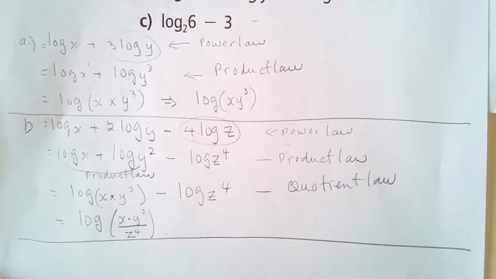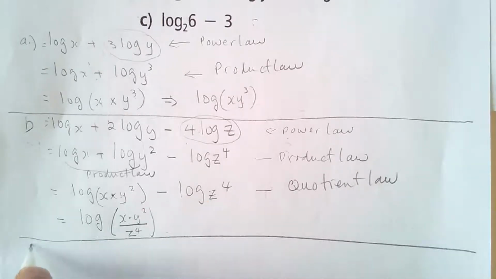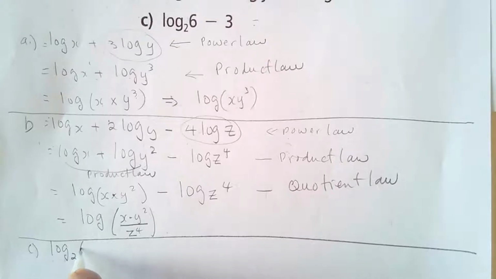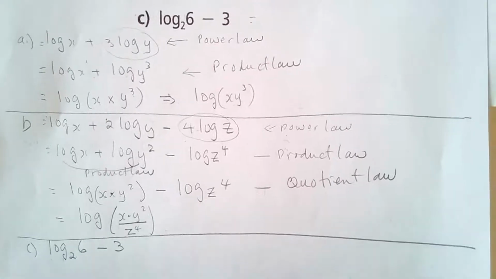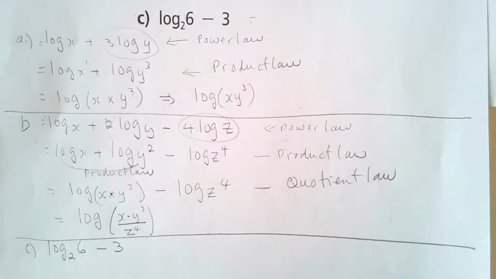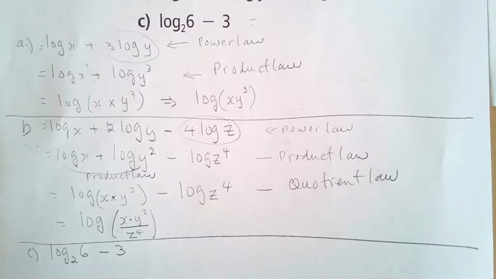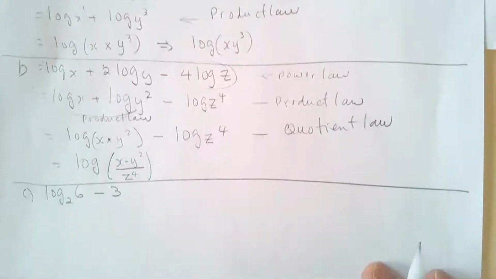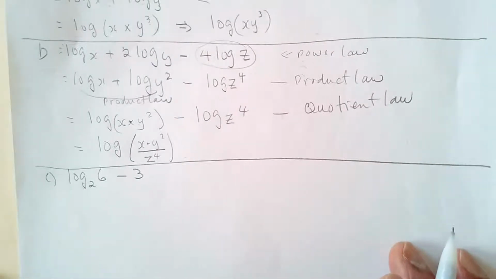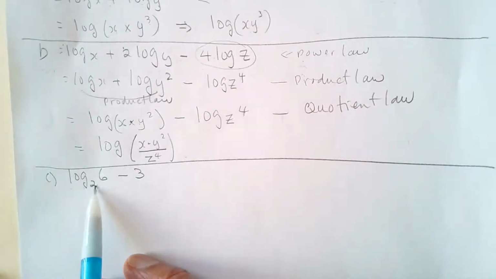We have the final part here. We have c: log base 2 of 6 minus 3. Now remember, we need a log of base 2.